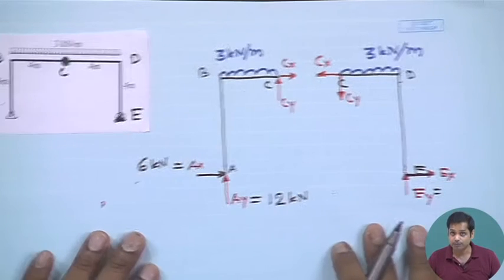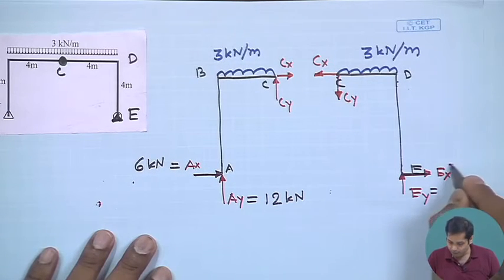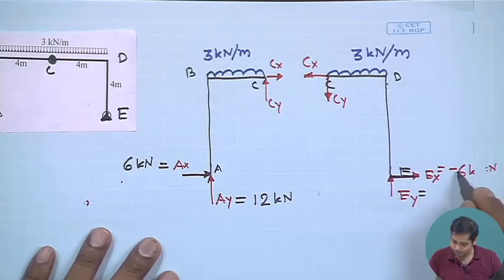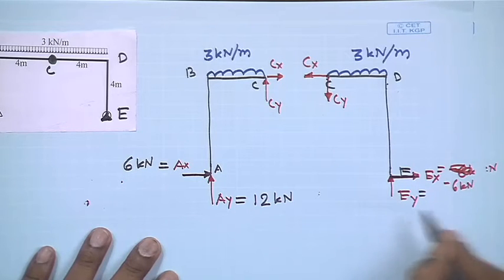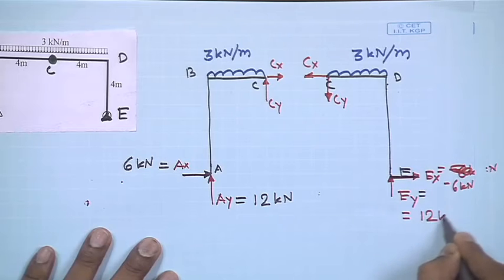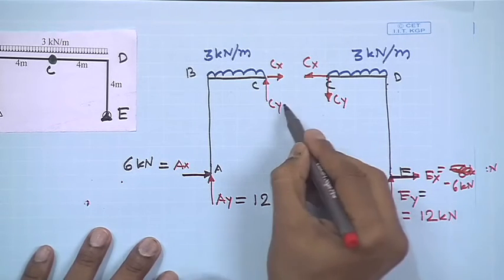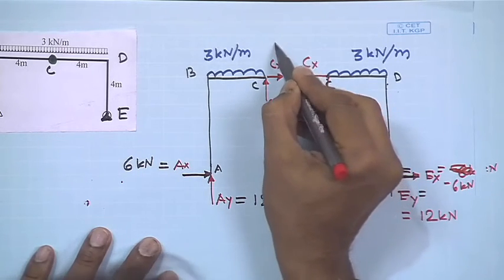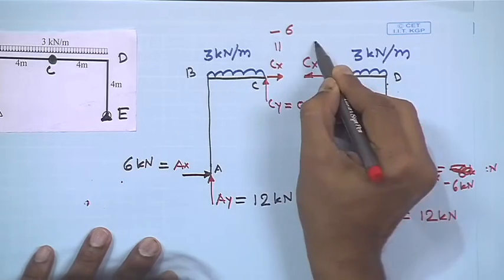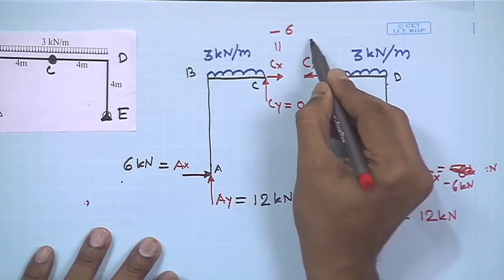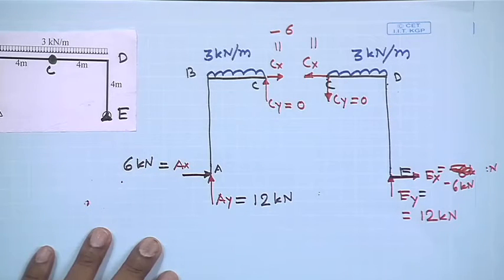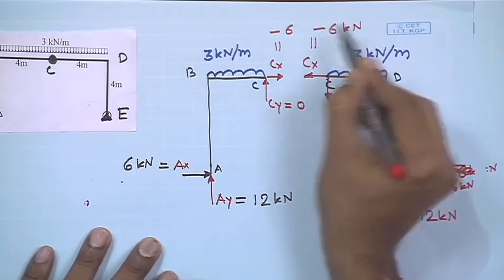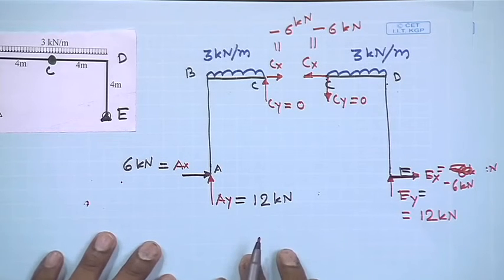EX is equal to minus 6 kilonewton, EY is equal to 12 kilonewton, CY is equal to 0, and CX is equal to minus 6 kilonewton.